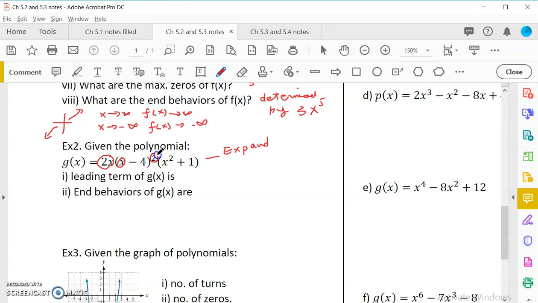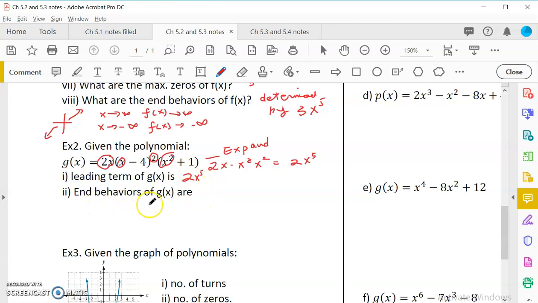Oh, and a square, so this becomes x squared. So we would say 2x times x squared times this one is also x squared. So it will be 2x to the 5. So we have this being the leading term, 2x to the 5. And that's how you find out. You don't need to expand everything out. Only the leading term though.